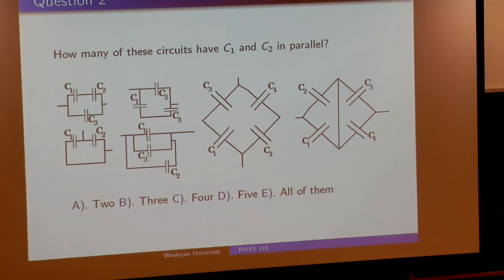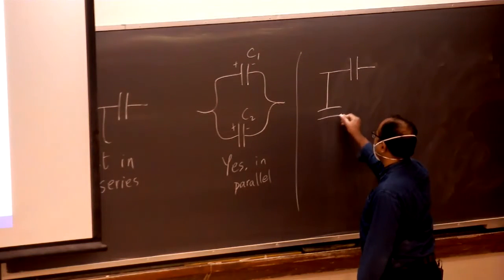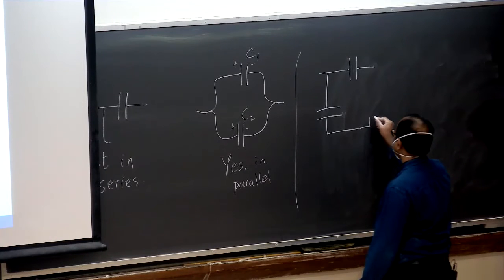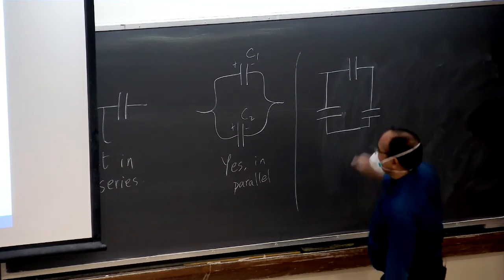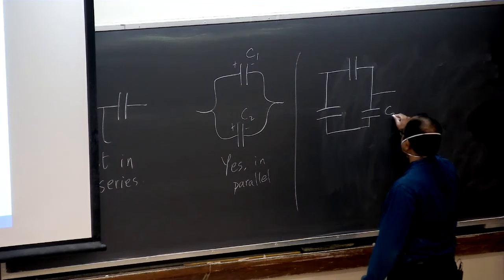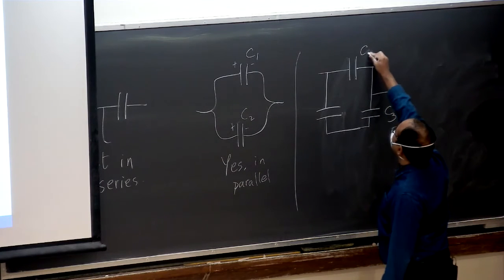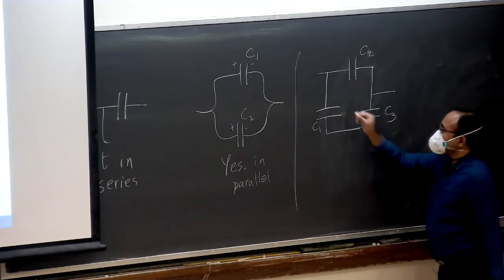So we have a capacitor, another capacitor, wire here. Okay, so this is C3, C2, and C1.